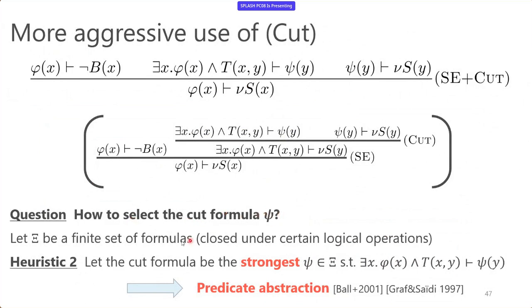For example, let us consider a xi consisting of formulas, predicates, closed under certain logical operations such as conjunction. Then our second heuristic lets the cut formula be the strongest psi in xi such that this holds, which corresponds to predicate abstraction studied in the literature.